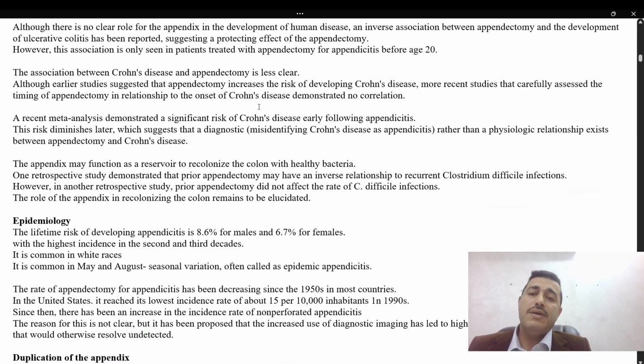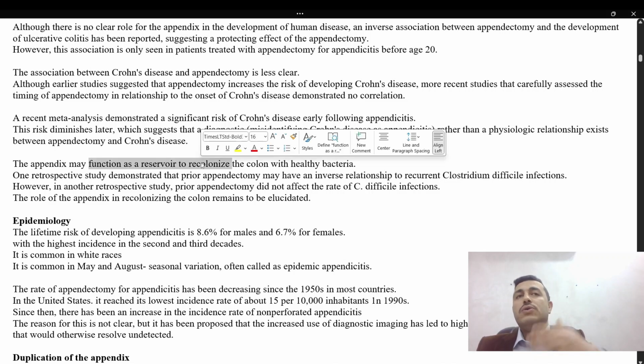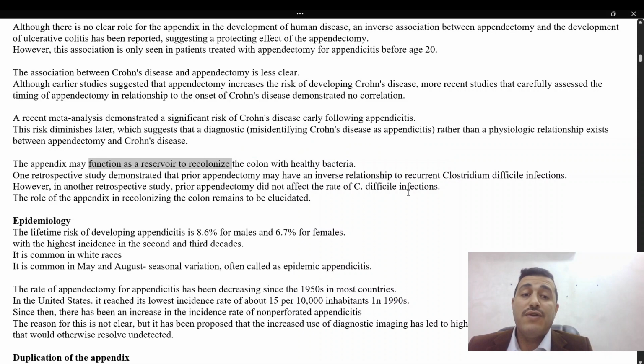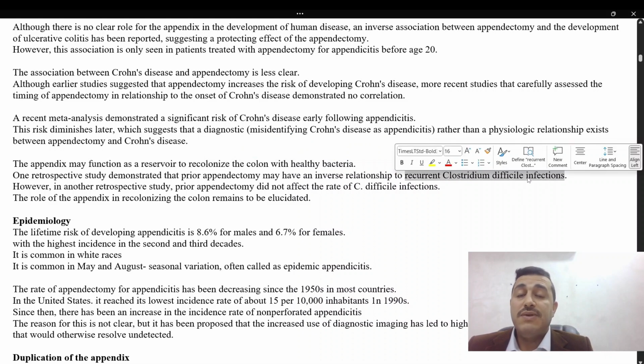this means that there is a role for the appendix more than immunoglobulin A secretion. Another role for the appendix is that it functions as a reservoir to recolonize the colon with healthy bacteria. One study found that patients who have appendectomy have a high risk of developing Clostridium difficile infection. Yes, this is a study.